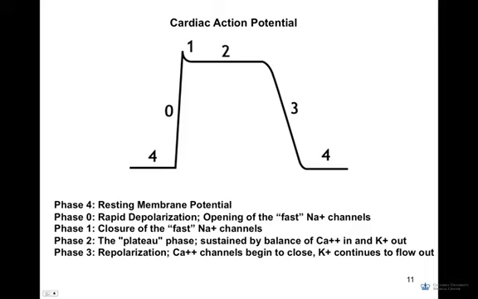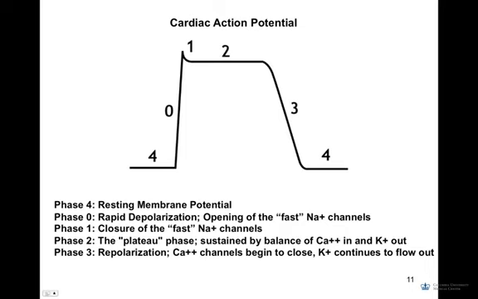And in phase 2, calcium moves into the cell, which would tend to depolarize the cell, but potassium at the same time is moving out of the cell, and that alone would tend to repolarize the cell. So those two positively charged ions moving in different directions cause this plateau phase that we see in phase 2.